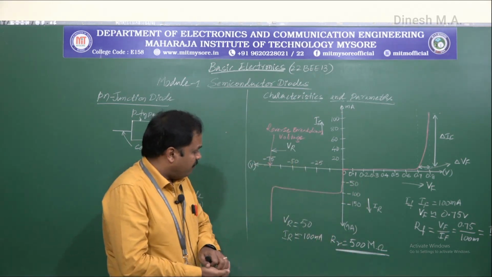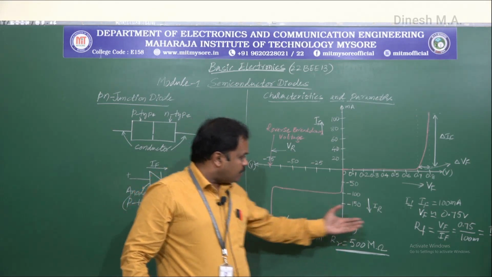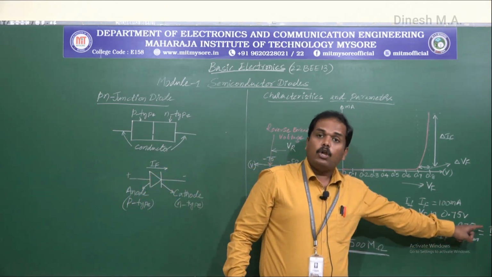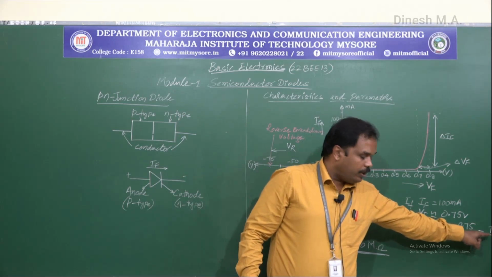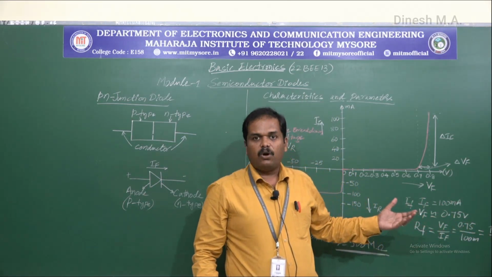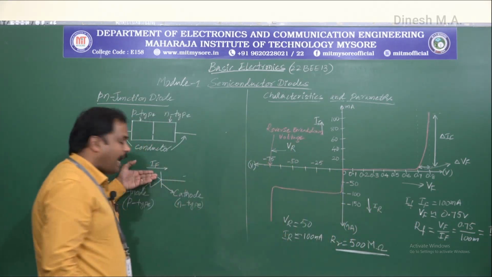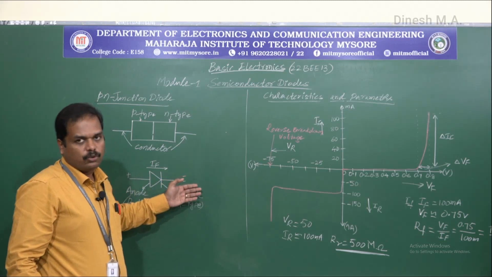megaohms. So with this example, what we can understand is when the diode is forward biased, it is offering a low resistance path. It is offering only 7.5 ohms, so the diode works as a closed switch. It allows the forward current IF to pass through it.